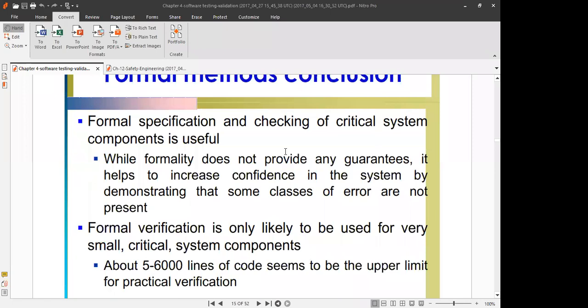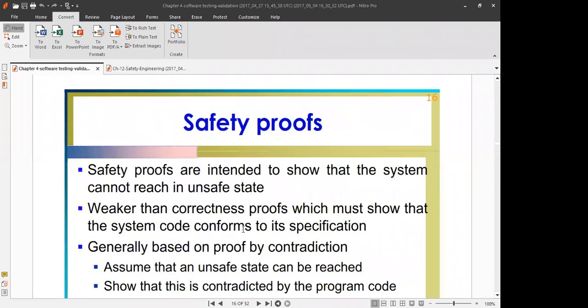That's why the disadvantage is there about scale up. When the system becomes big and complicated, then the expense is going to go very high for formal verification. That's why they conclude that formal verification is only likely to be used for very small critical system components.